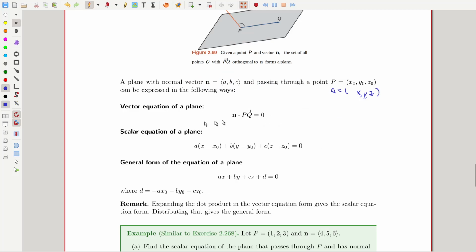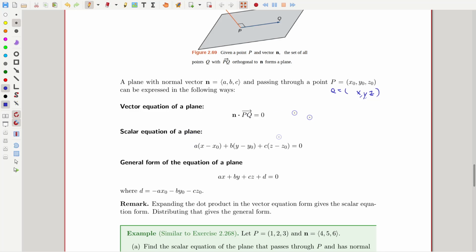Okay. Continuing. So from the vector equation, if we insert this a, b, and c in here, and we do the computation q minus p, and we get another vector there, and then we take the dot product, we end up with the scalar equation of the plane.